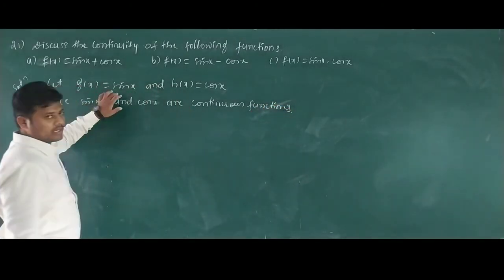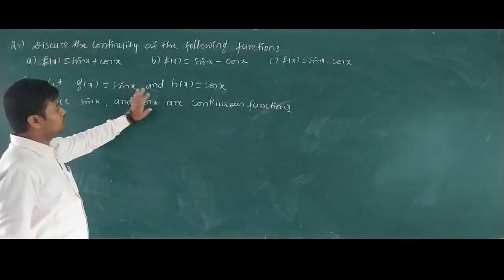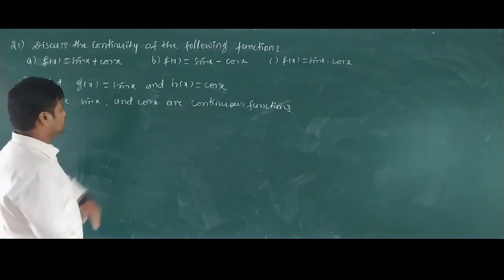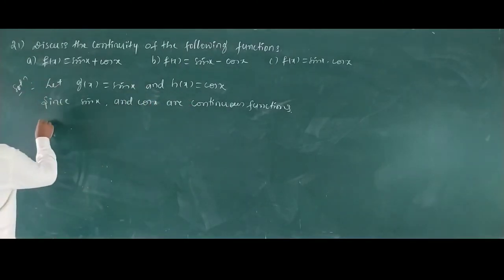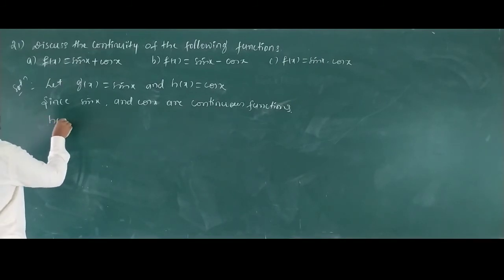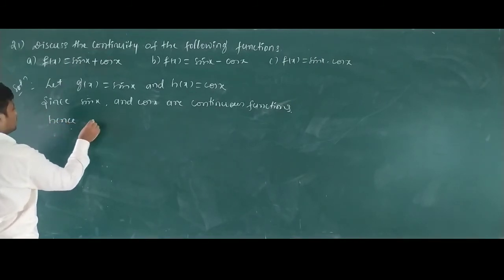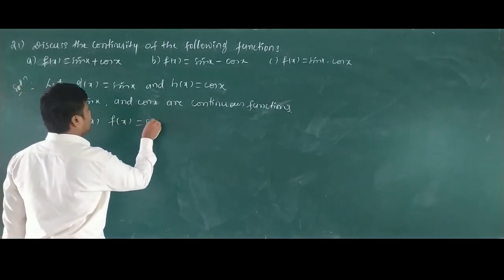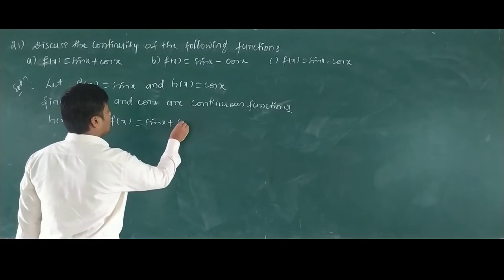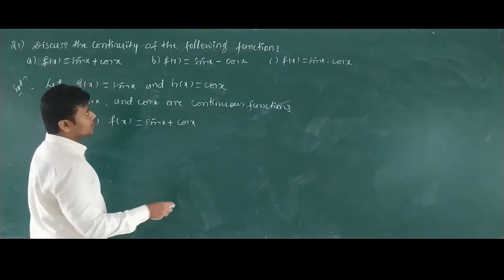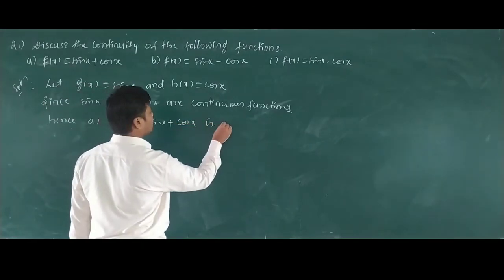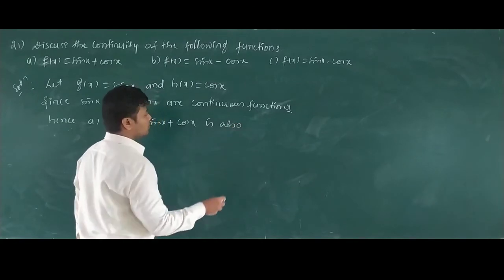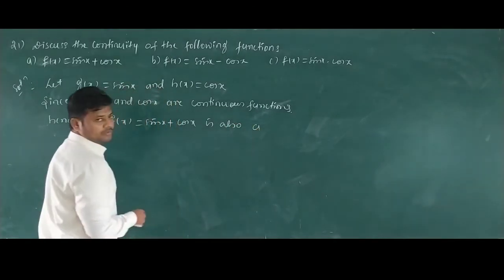In the graphs of sin and cos you can see this. These two functions are continuous functions. Okay. So the first one: hence f of x equal to sin x plus cos x is also a continuous function.